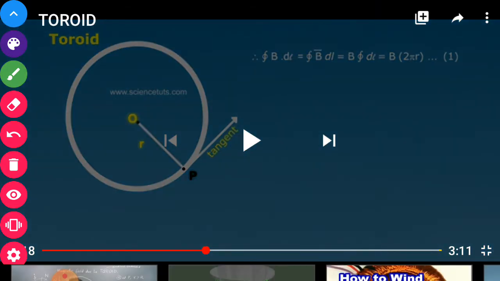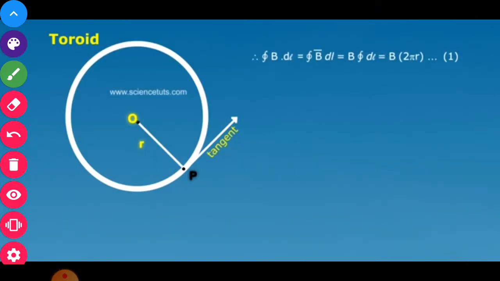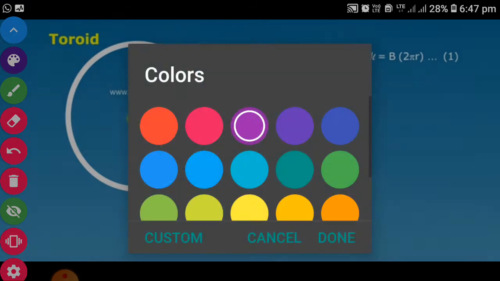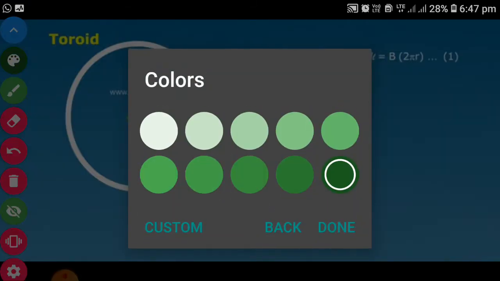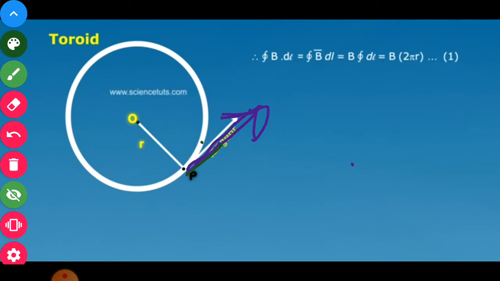So we have two vectors and magnetic field is directed towards the tangent. So this is the direction of magnetic field and small line element. If we show it by a different color, this is the small line element, green colored. So magnetic field B and small line element dl, they both are in same direction.